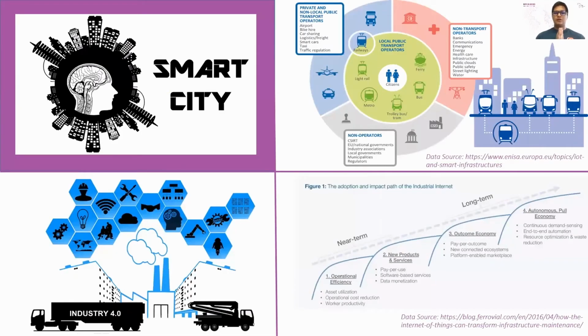Now, once you are on a smart city level, this is what you can expect. Private and non-local public transport operators, you can have an integration between them, non-operators, and also non-transport operators. This is quite key because it's like an epicenter that just expands and connects things that much better.